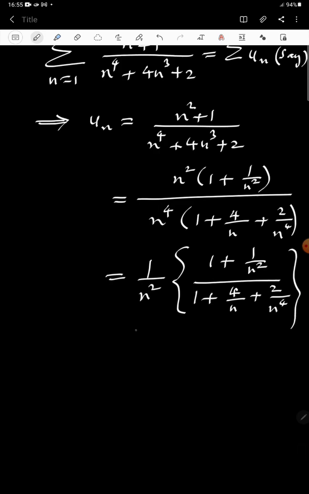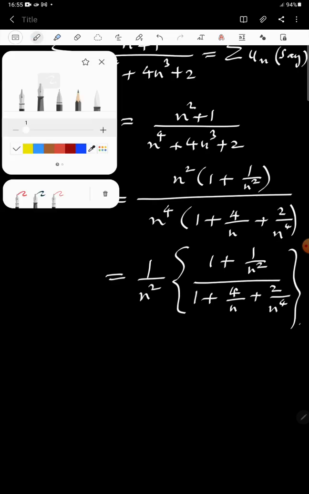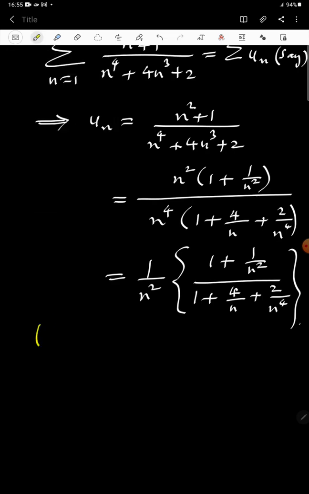Now this outside net result of power of n, whatever I got, I take it as vn. So I change the color now. I say that let vn is equal to 1 by n square.